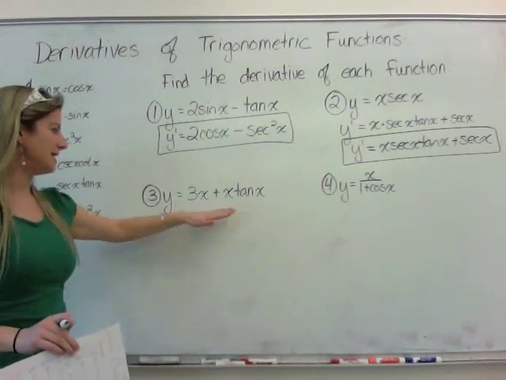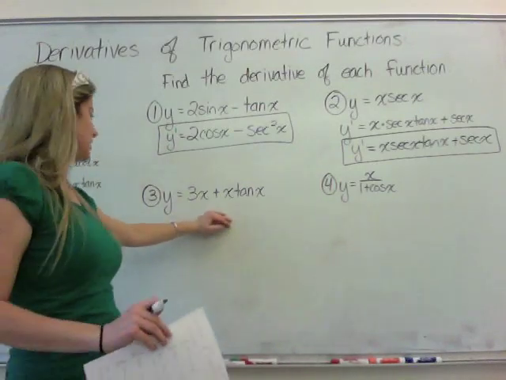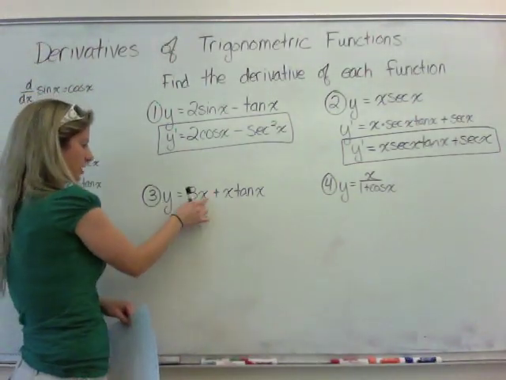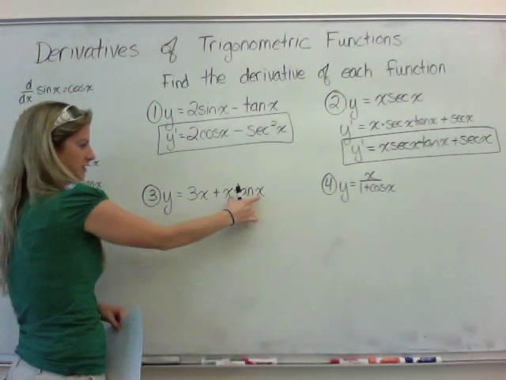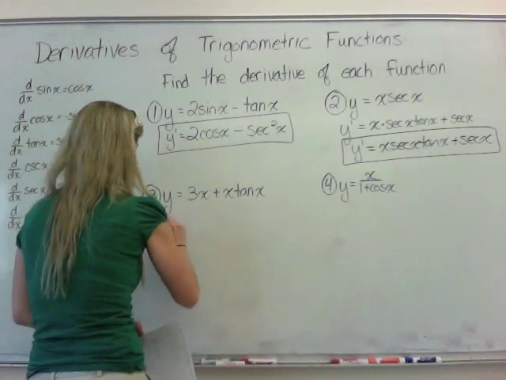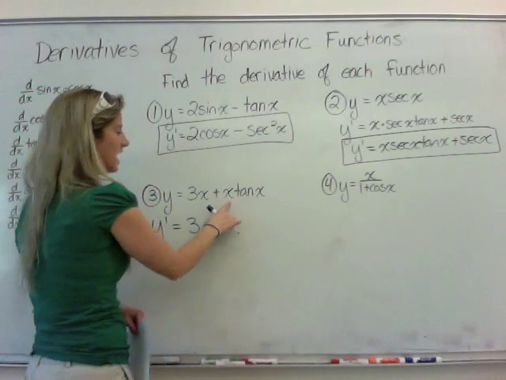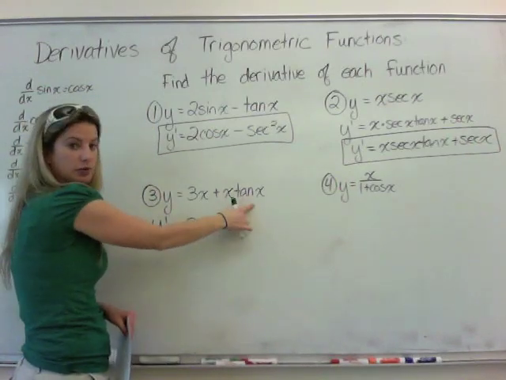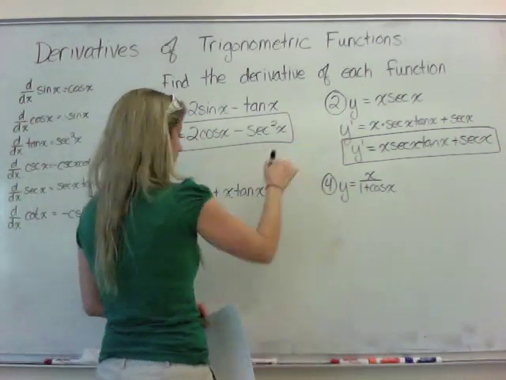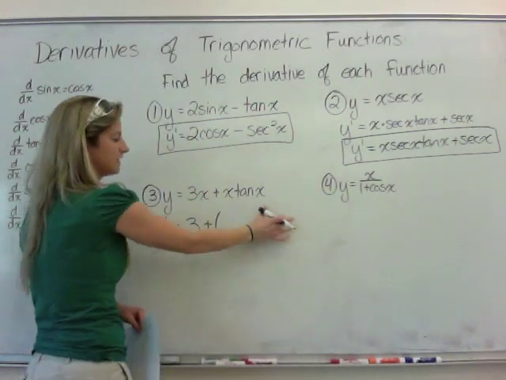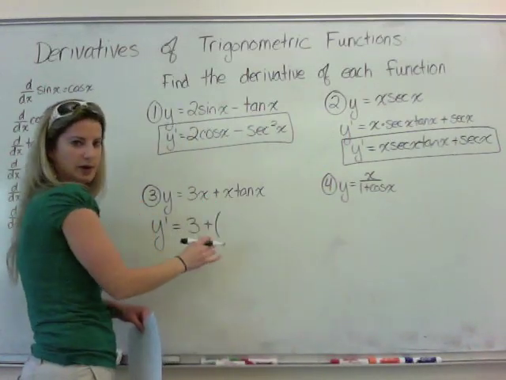Now let's try this third one right here. For this one, we're going to take the derivative of this and then the derivative of this. So y prime equals the derivative of 3x, which is 3, plus, now remember, again, this is product rule. I'm going to put this in parentheses just so you can see that we're doing a separate thing. In the end, we're not going to have to worry about it.